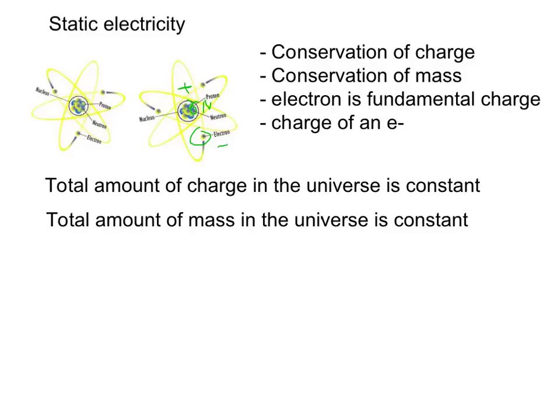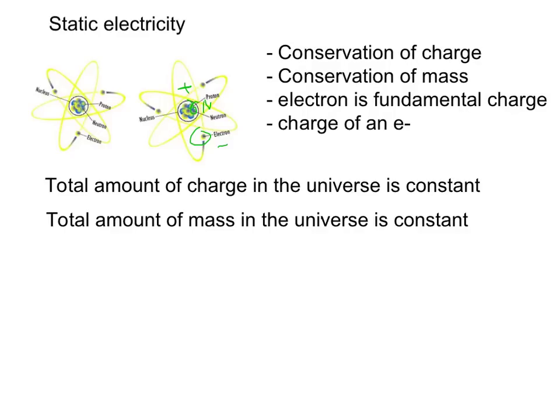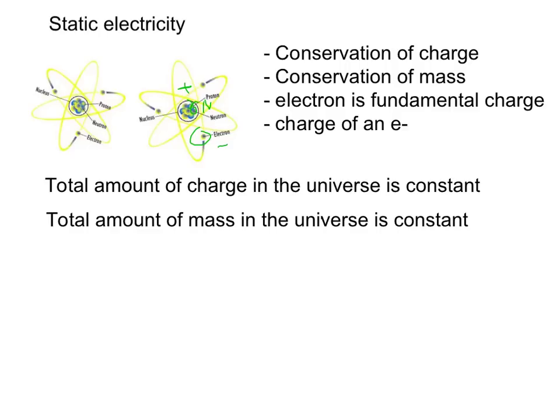Whenever we talk about charges in physics, we will generally talk about the charges as multiples of electrons. So if I wanted to say something had a negative charge and I wanted to tell you how much, I might say it has a charge of negative 2e. That would be 2 times the charge of an electron.